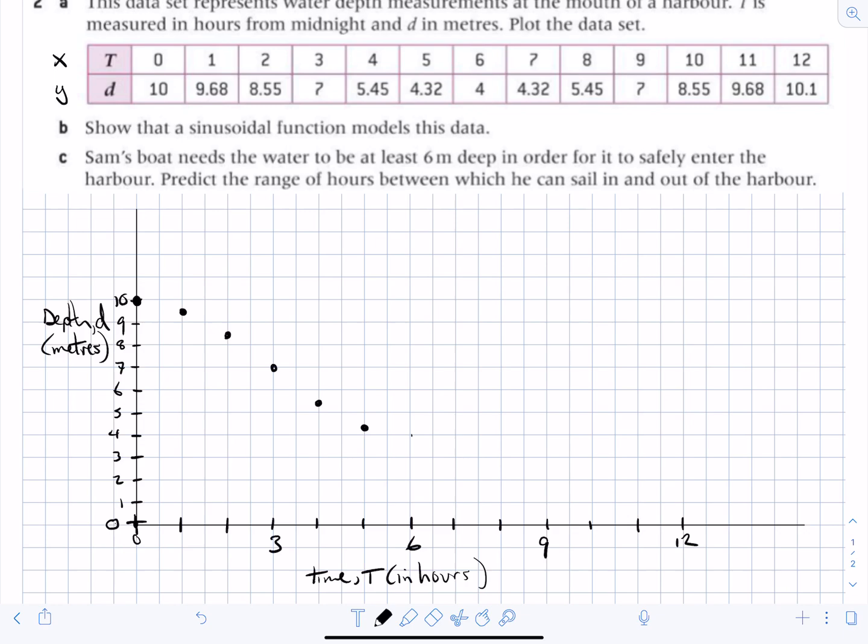And 6 is 4. And then 7 is 4.32. 5.45. 7. Then 8.55. 9.68. And then finally 10.1. Right? So consider the data plotted.